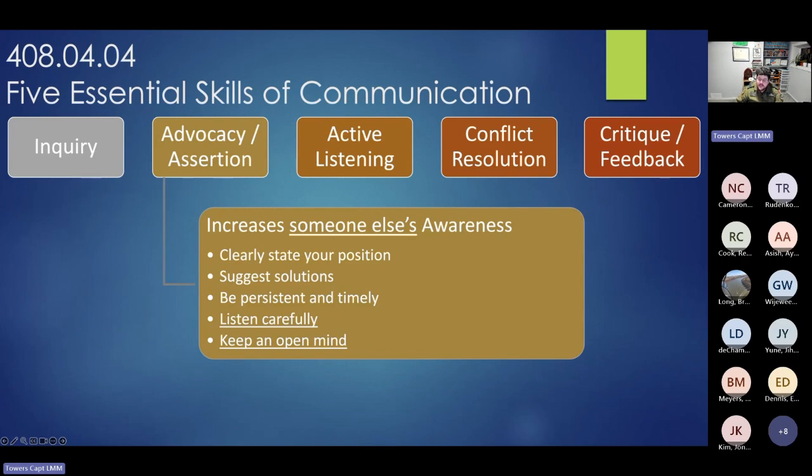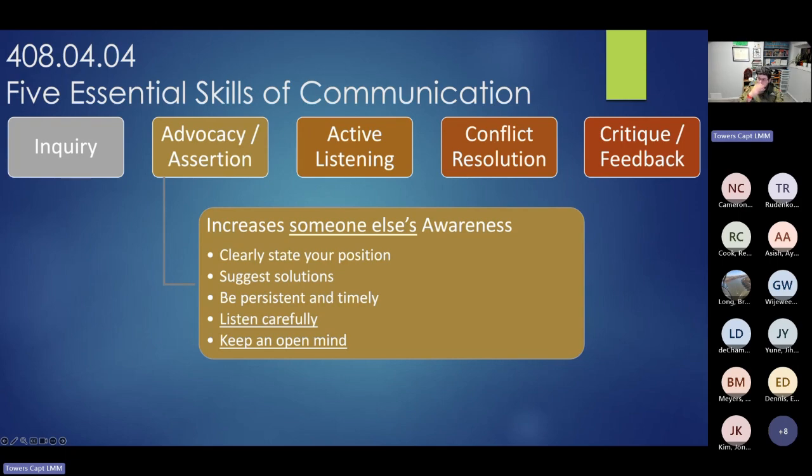You want to make sure you're always listening carefully and that you're keeping an open mind. So when you're advocating, you need to remember that you're presenting your perception of the situation. It's entirely possible that you don't have an accurate picture of that situation, and maybe the other person that you're talking to has some important information that would address your concern.